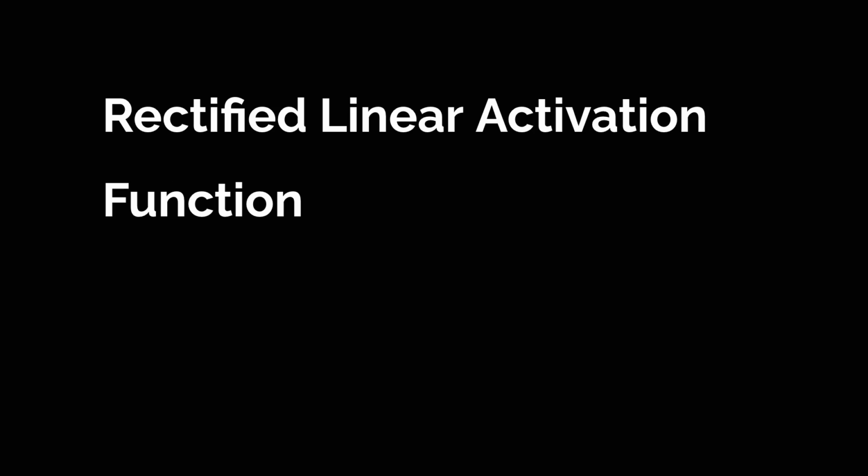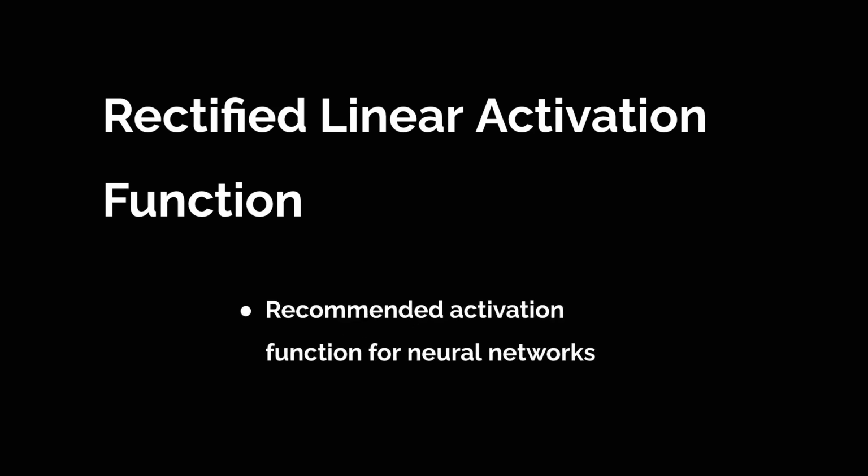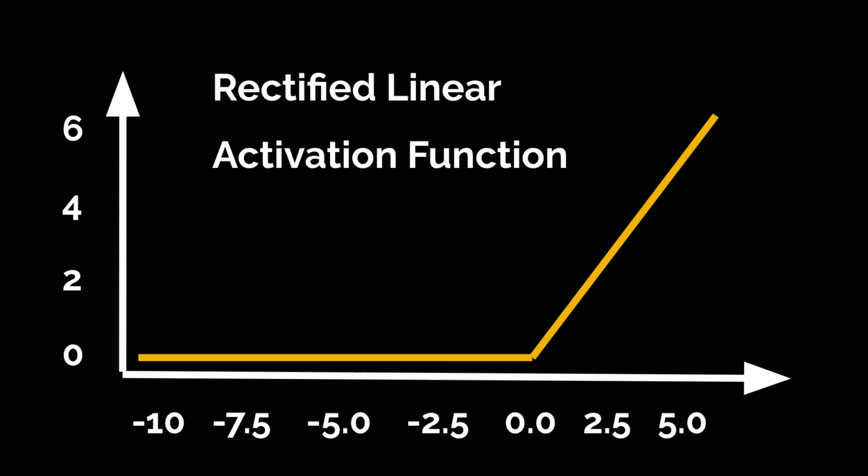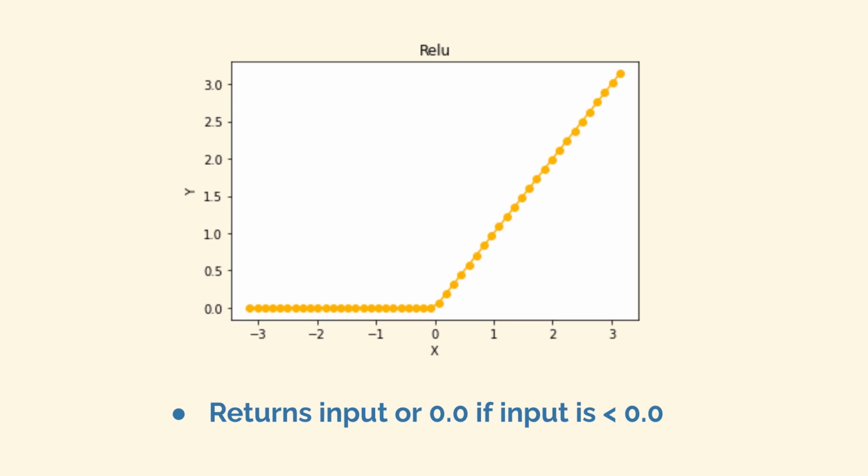There are other types of activation functions as well, many other types, but this one is commonly used for neural networks and for generators. But of course, you could change around your structure and experiment with using different activation functions as well. This activation function is the recommended activation function for neural networks. Here is a visualization of the activation function. So what it's going to do is return X, the input, or 0 if the input goes below 0.